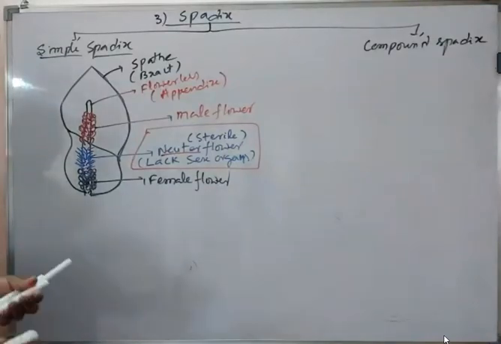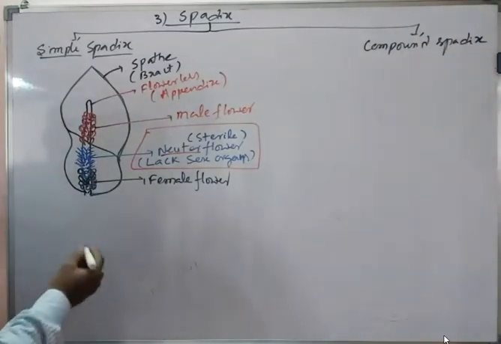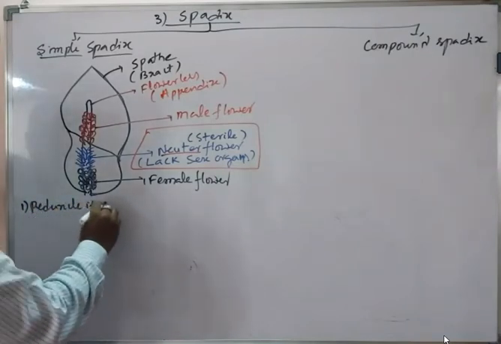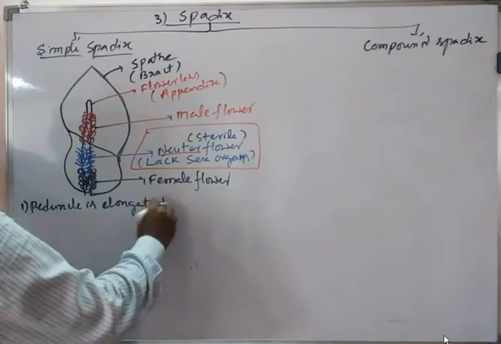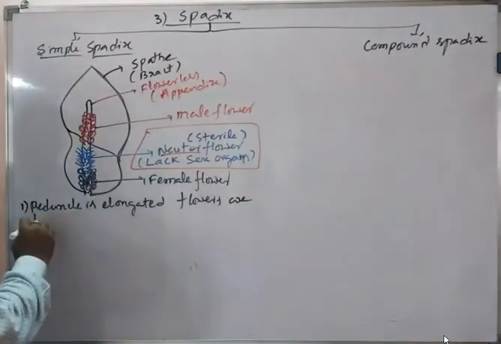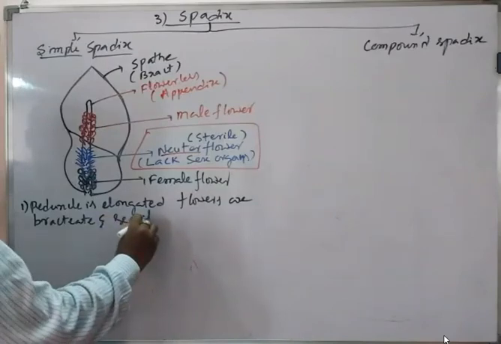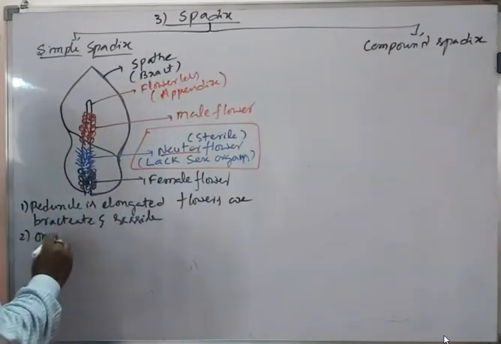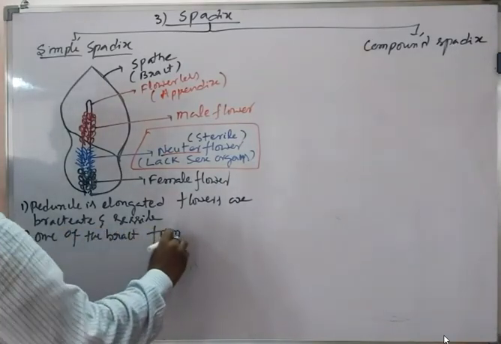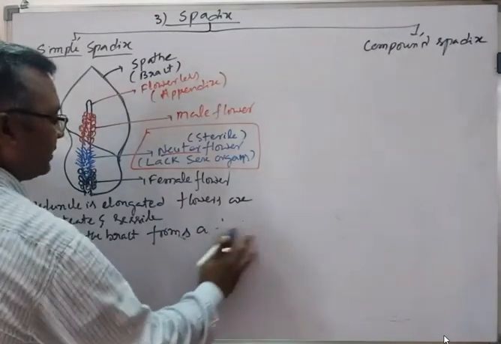This is what you can see with respect to the spadix. So in spadix, the peduncle is elongated, flowers are bracteate and sessile. One of the bracts forms a sheath, a protective sheath.